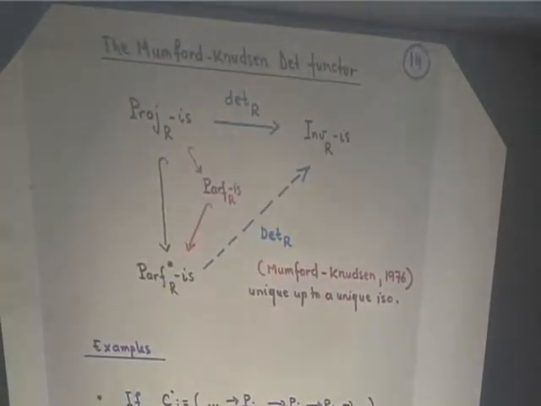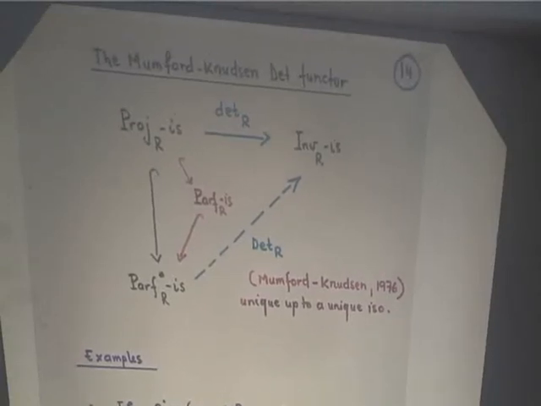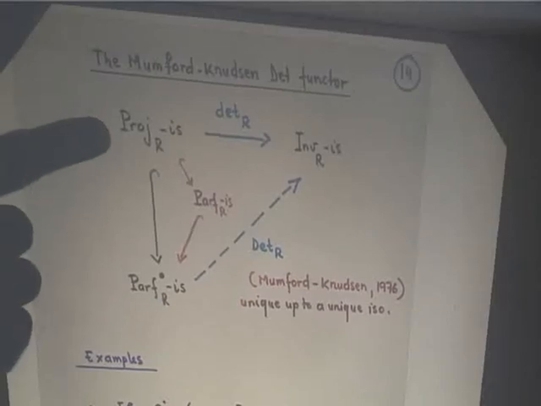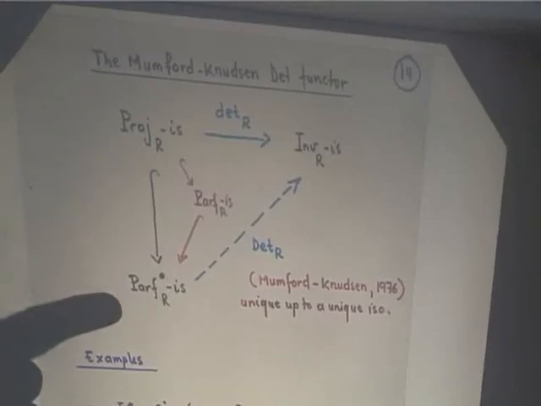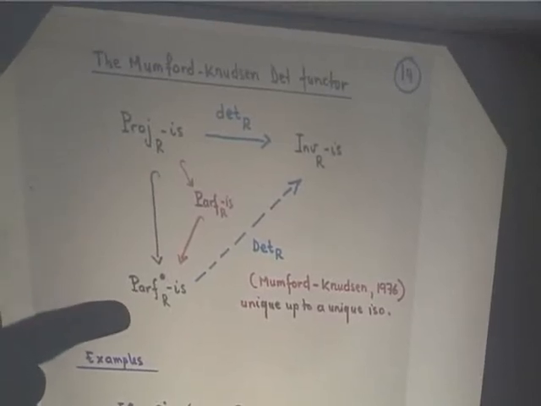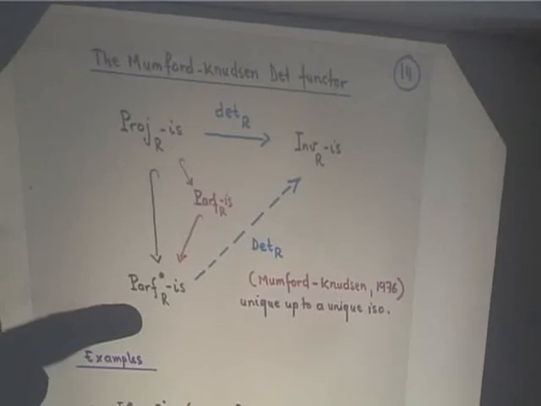This is the determinant that I showed you first, when we first started talking about determinants today. But now what happens is this. You can embed the category of projective R modules with isomorphisms into the category of perfect complexes of R modules with respect to isomorphisms.